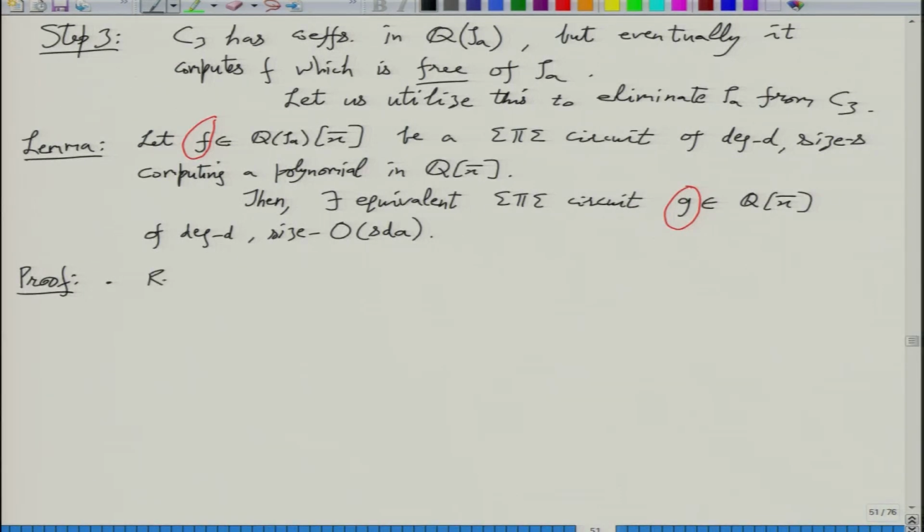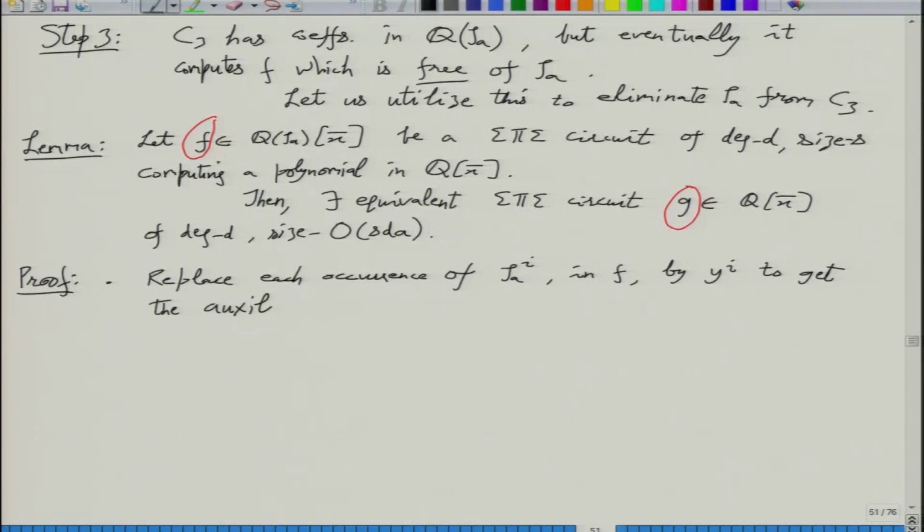It is just that we replace each occurrence of zeta a to the i in F by y to the i to get the auxiliary circuit F tilde, which actually has only rational constants but has one more variable.